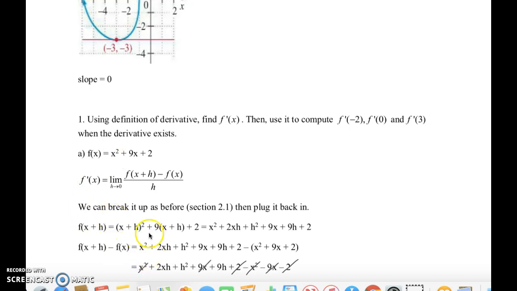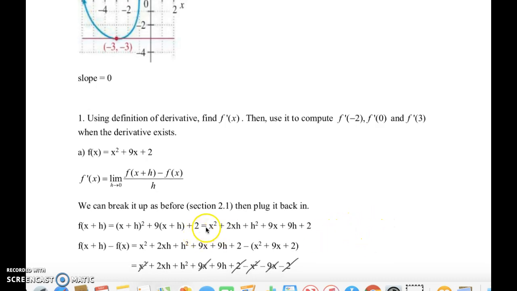We're going to FOIL and distribute those values through. And once we do that, we're going to get x squared plus 2xh plus h squared plus 9x plus 9h plus 2. And wow, that's a lot of terms.